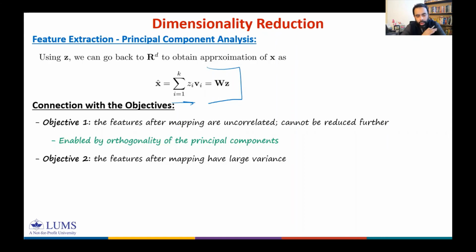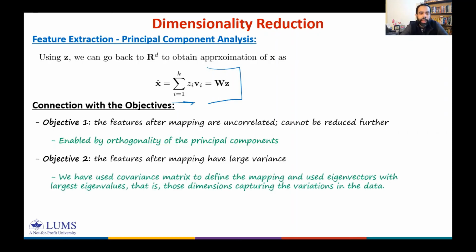So we cannot reduce further by using some correlation or feature selection based method. This feature representation is already uncorrelated. And for objective two, we have used the covariance matrix to define the mapping.